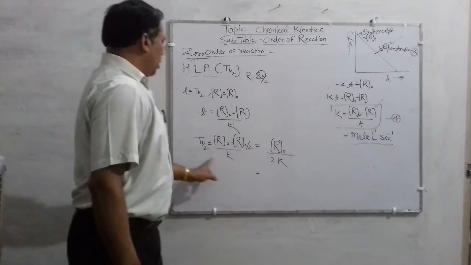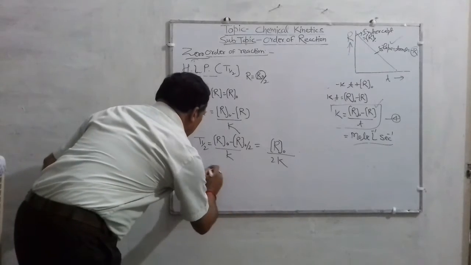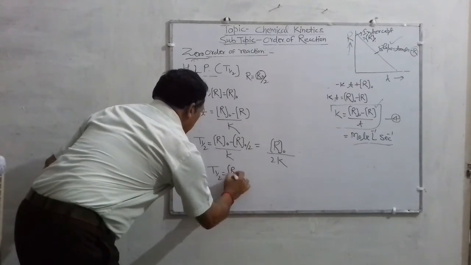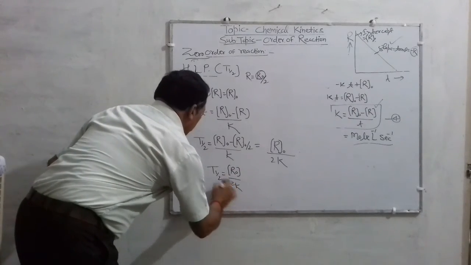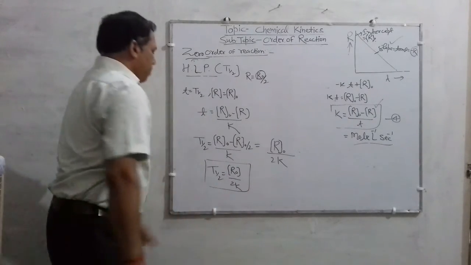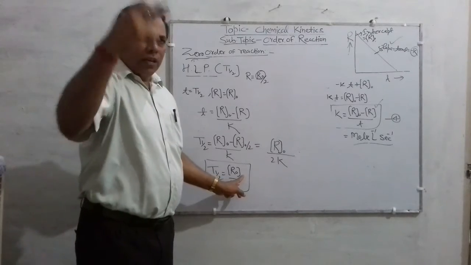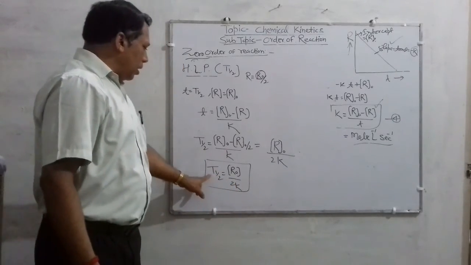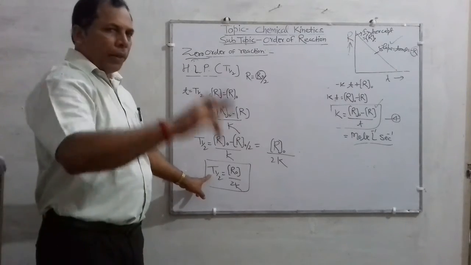So T half is equal to R0 divided by 2K, where R0 is the initial concentration of the reactant, K is the rate constant, and T half is the half-life period.